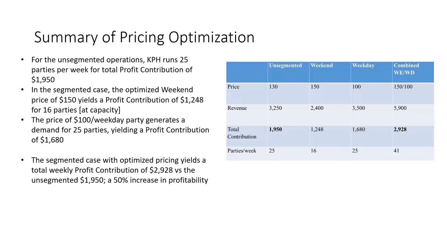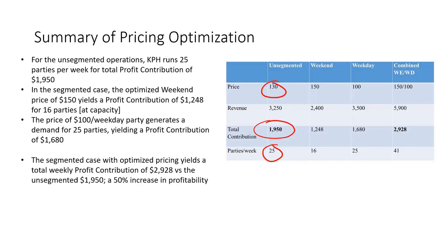Now, summarizing what we can develop using the segmented case versus the unsegmented case, we can see that for the unsegmented operations, which is what the kids' party house was running before we started working with them, they would average about 25 parties per week for a total profit contribution of $1,950 for those 25 parties at $130 per party.